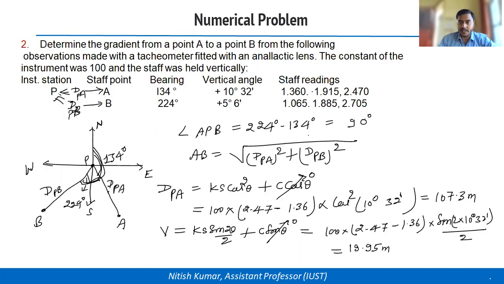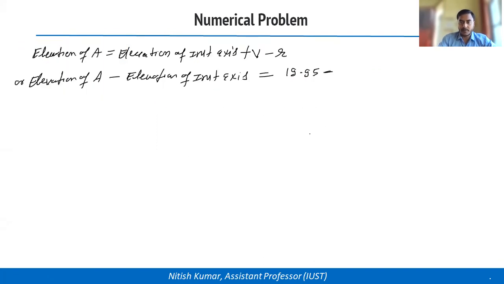What is R? What is the central reading? 1.1915. We are getting here 18.05 meters.